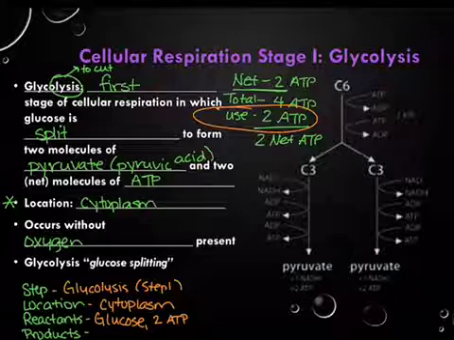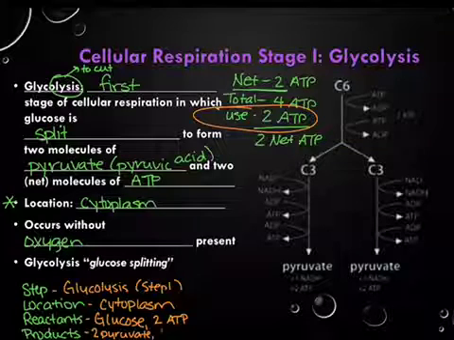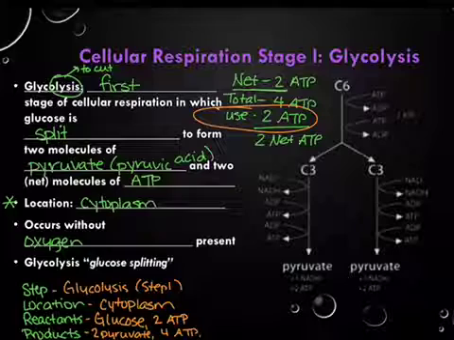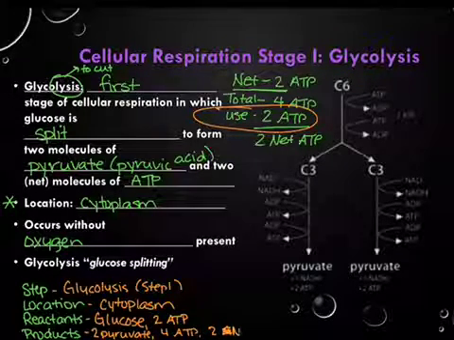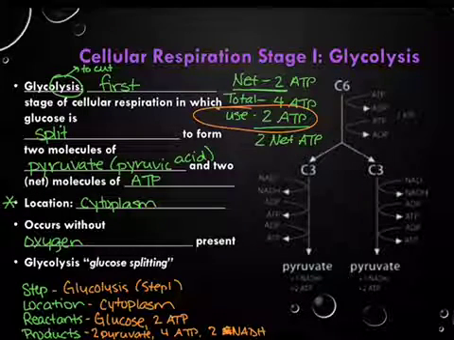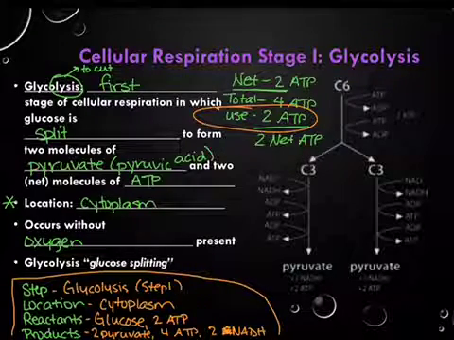And we make 2 molecules of pyruvate, 4 molecules of ATP, and I believe it's 2 molecules of NADH. So that would be what for sure you need to know about glycolysis for like the test.